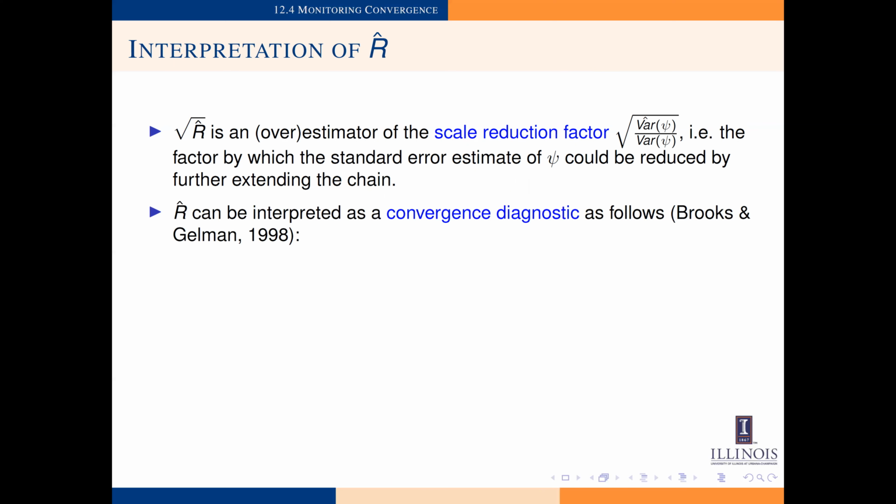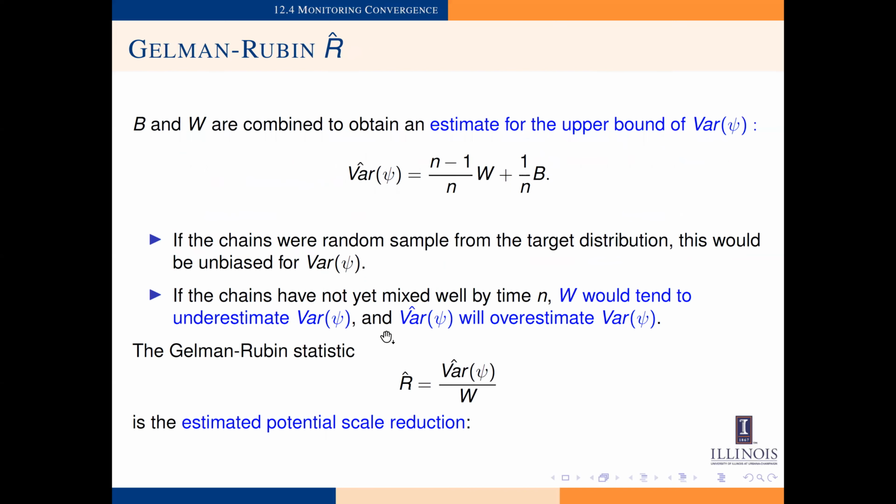And R hat can be interpreted as a convergence diagnostic statistic as follows. If R hat is way larger than 1, so say it's 1.5 or 2, then it means that the ratio between var hat and W is large.